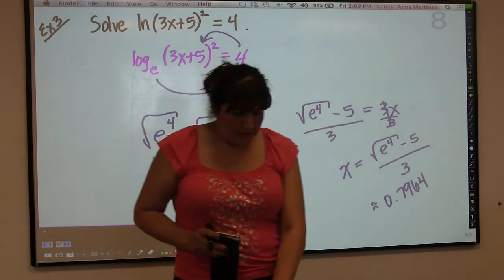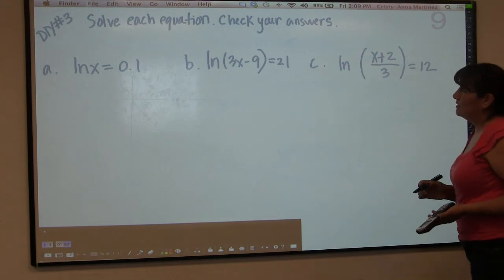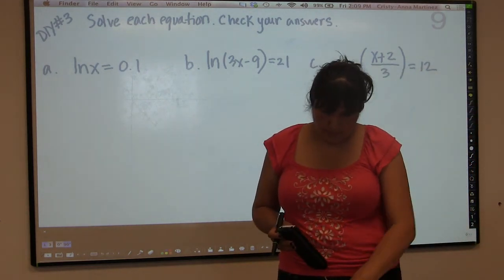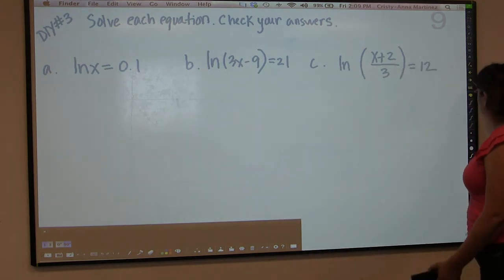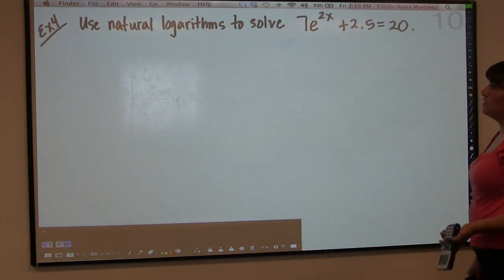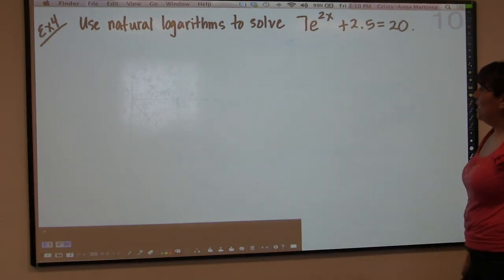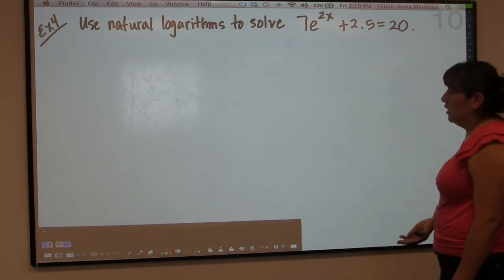All right? So now we're going to have you solve a few. And then I'm going to do backwards. So first we solved an equation that was a logarithm by using the exponential form. And now I have the exponential form, and I'm going to solve it by doing a logarithm.